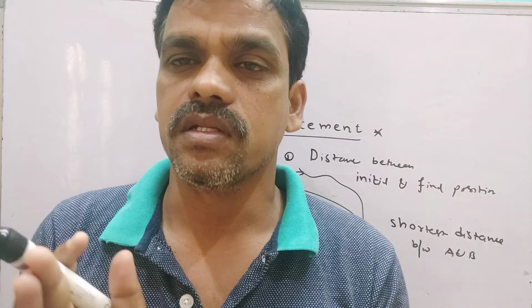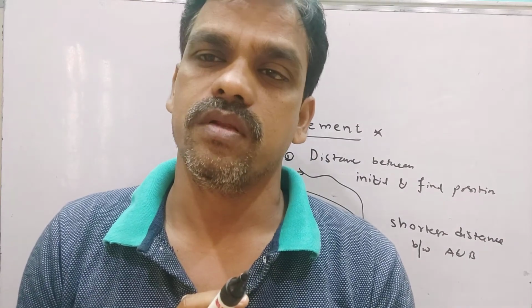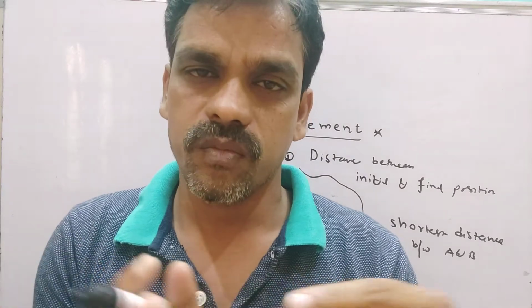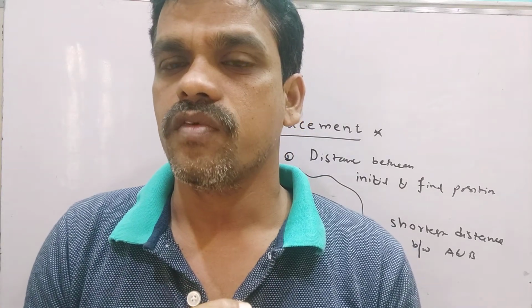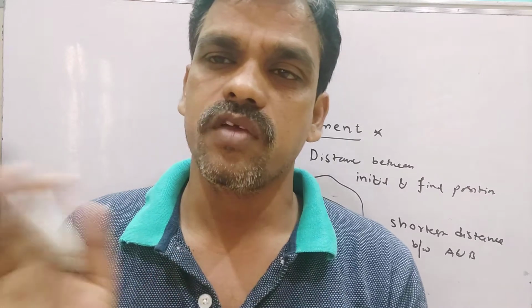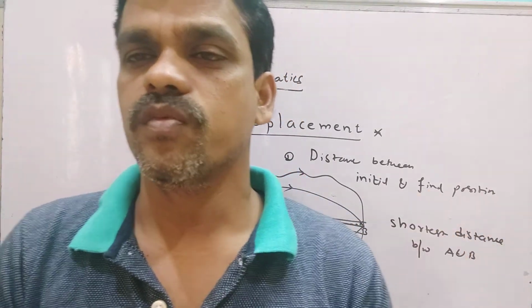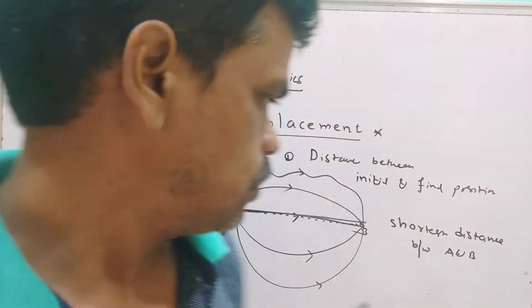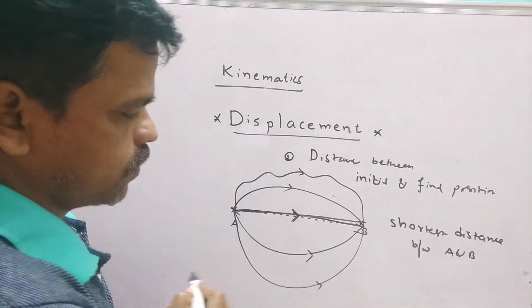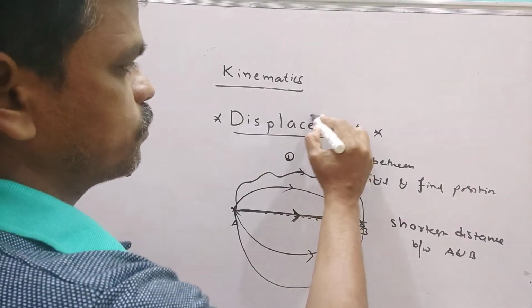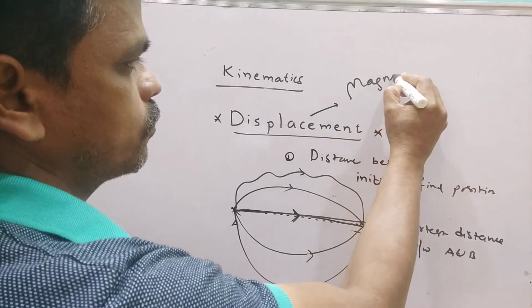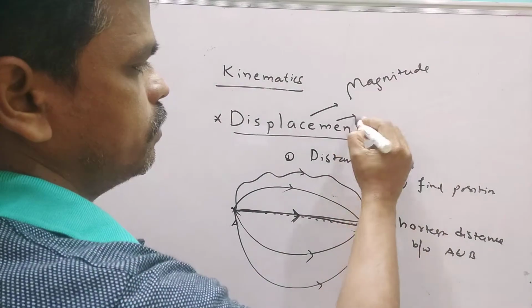That path length is nothing but displacement. So it is the shortest path, and that's why it has some direction. Distance has only magnitude, but displacement has direction also. So it has direction A to B. So displacement has magnitude and direction.